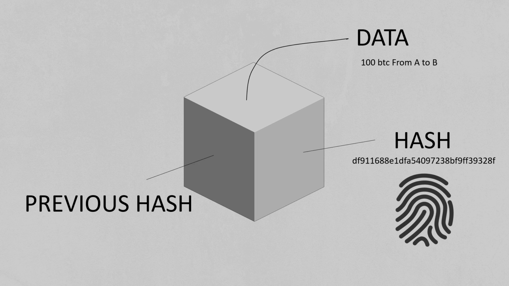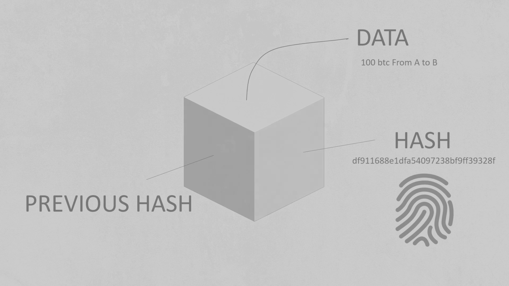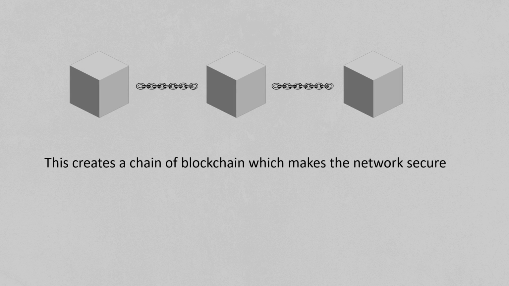And lastly, we have our previous hash. By linking the current hash, the current data, to the previous one, it creates a chain of blocks, as you can see here. So this creates a blockchain, which makes the network very secure, and that is what we want.